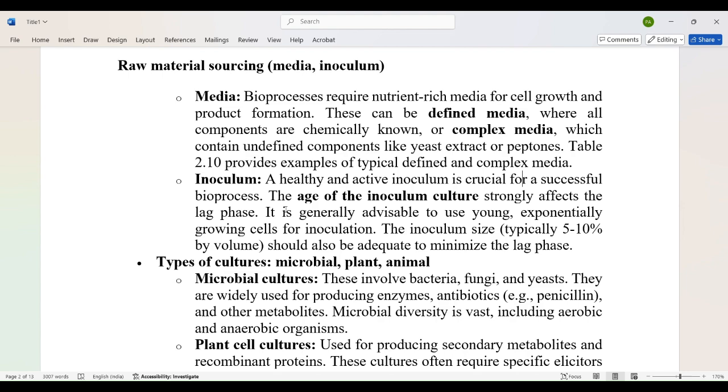Because in the log phase they multiply as well, and they keep on metabolizing as well. So if we attain the stationary phase, there are certain drawbacks, like all the bacteria are in a state wherein they are simply giving us the products.